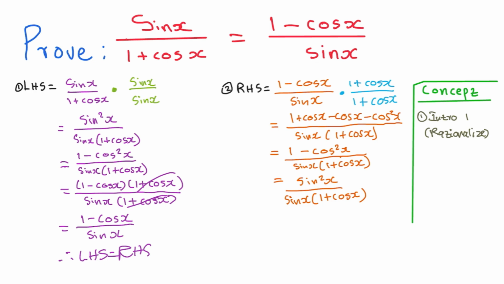Which means we have 2 sine x's at the top there. Just one of them cancels this, which means at the top you'll be left with only 1 of them because it was 2, and at the bottom, because you only had 1, it's eliminated. You're only left with 1 plus cos x. When you look at this, it's this. So you proved it. Therefore, your left-hand side equals your right-hand side.